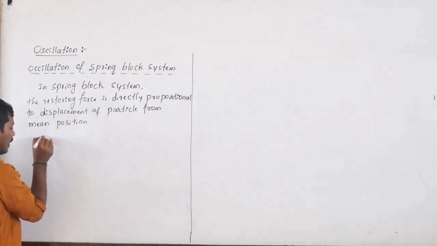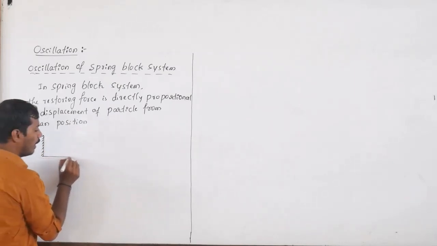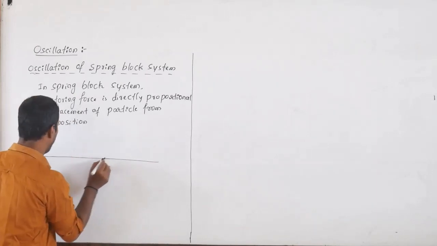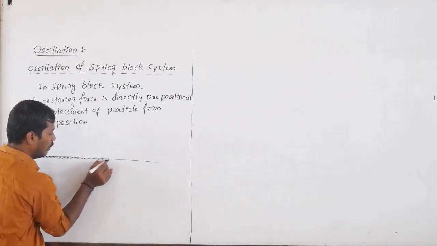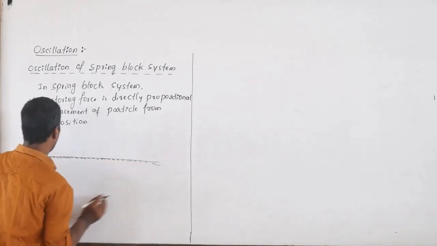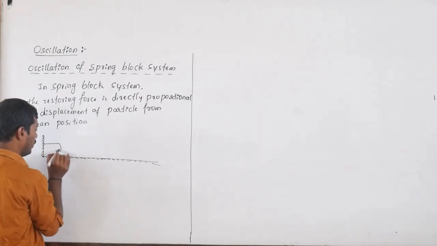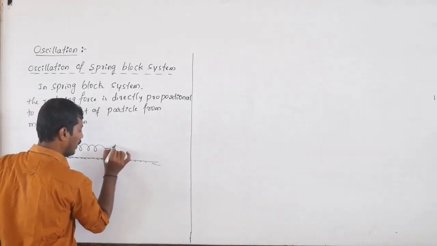Okay, I will draw its diagram. This is called a rigid support and this is a frictionless surface. And here we attach one spring like this.